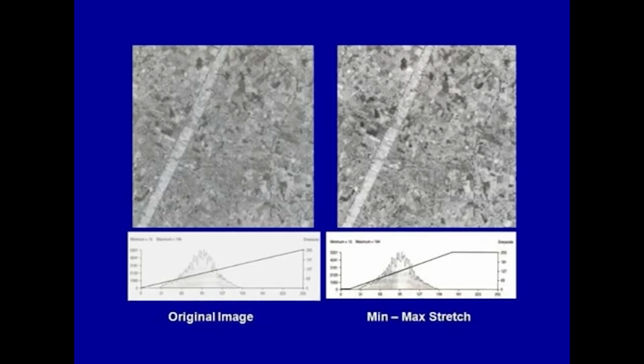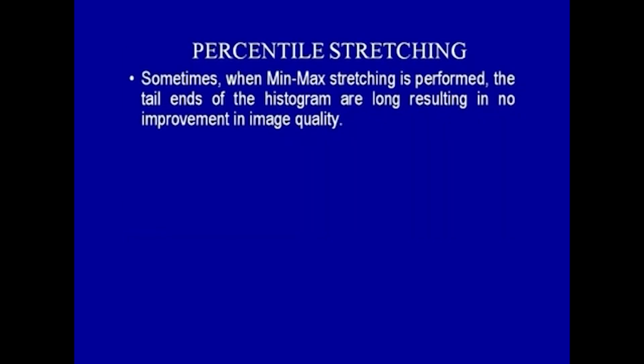Areas which were earlier appearing to be gray have now got converted into dark patches, suggesting that these could be either moist soil patches or maybe water bodies of shallow depth. In between, the road has become much more clearer and sharper in comparison to the agricultural areas.